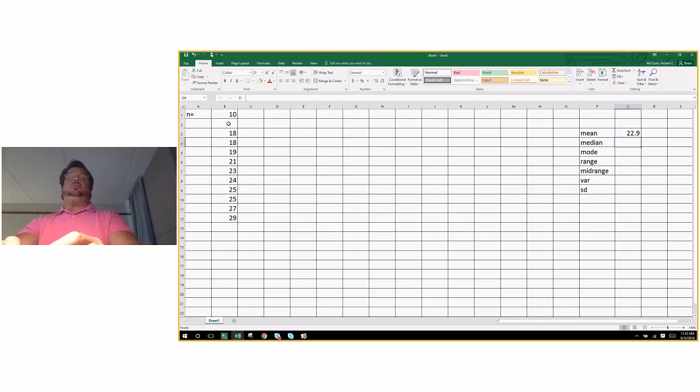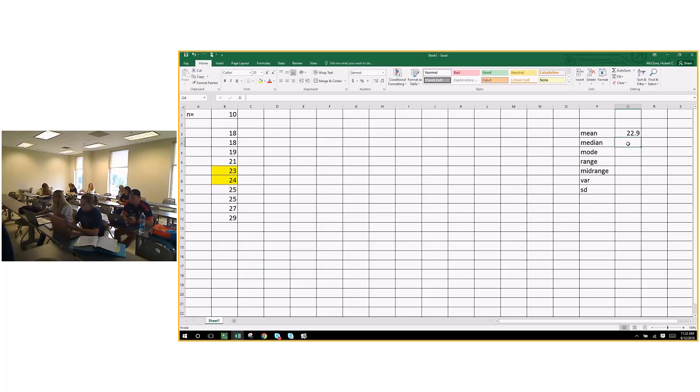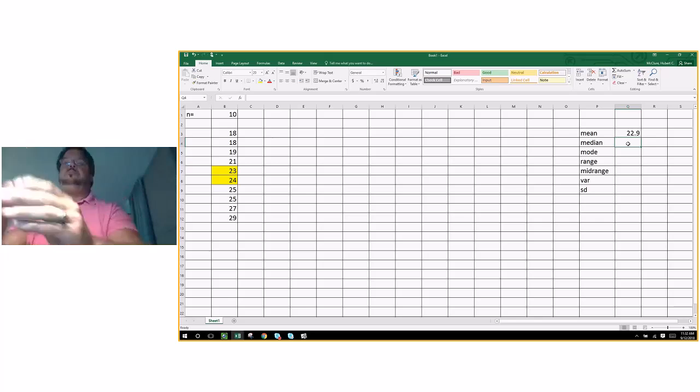So n is 10. What are we going to do different about the median? The median will now be the average of the middle two numbers. So write that down. When n is even, you're going to have to take the average of the middle two numbers.